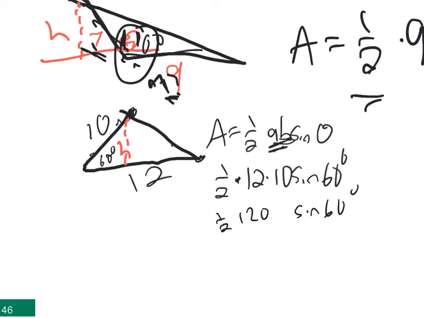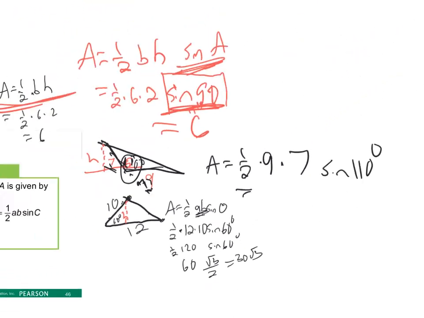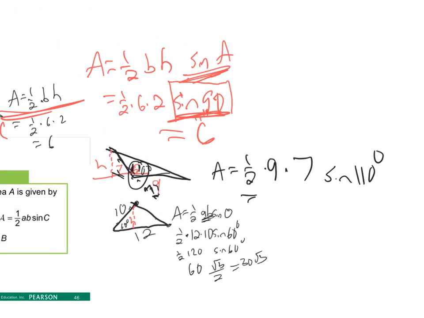That's 1/2 of 120, which is 60, times sine of 60, which is the square root of 3 over 2. So the final answer is 30 square roots of 3. And all these answers are square units. Unit squared.